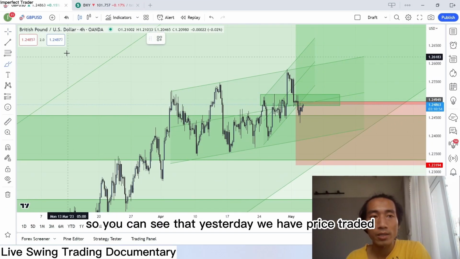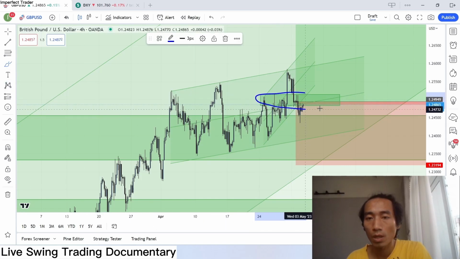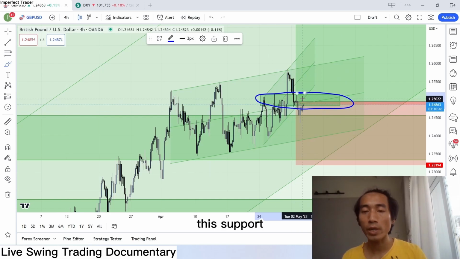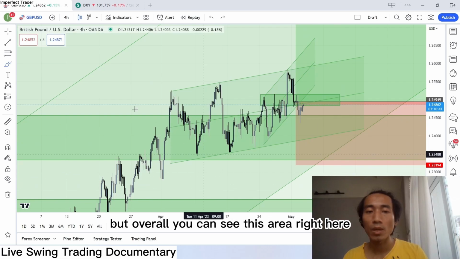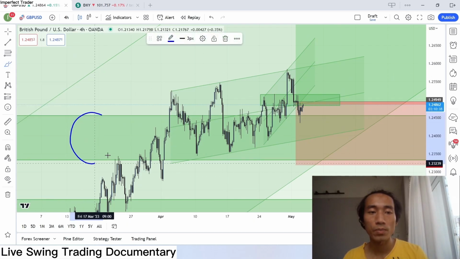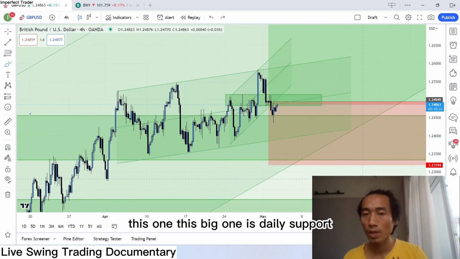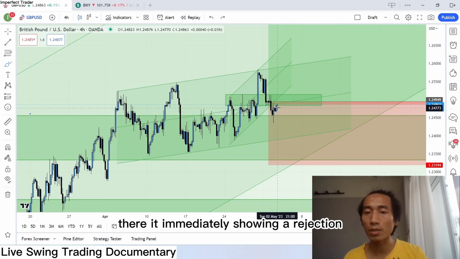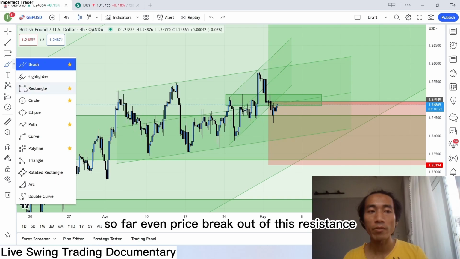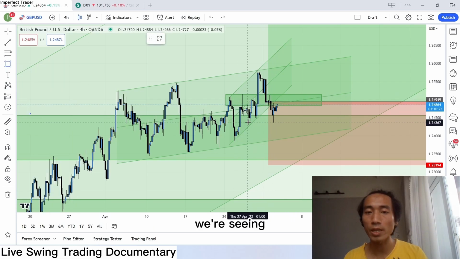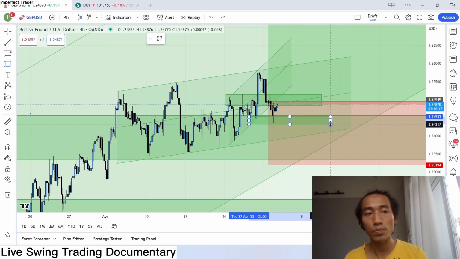So you can see that yesterday the price broke out of this resistance, this support, and now it's turning into a resistance. But overall, you can see this area right here, this big one, is daily support. And when price traded there, it immediately showed rejection. So far, even though price broke out of this resistance, we're seeing it forming a support right here.